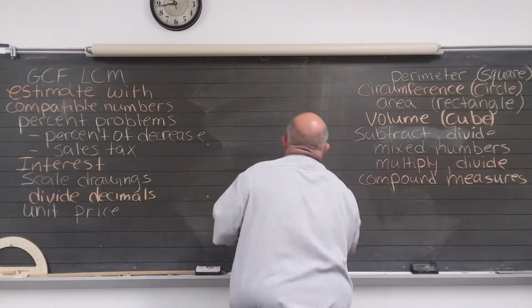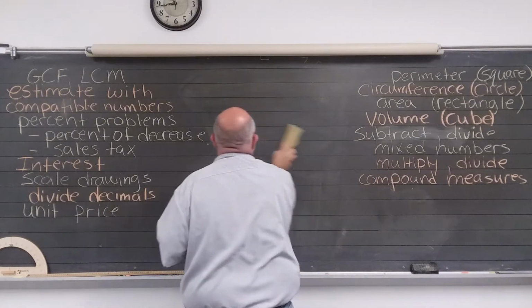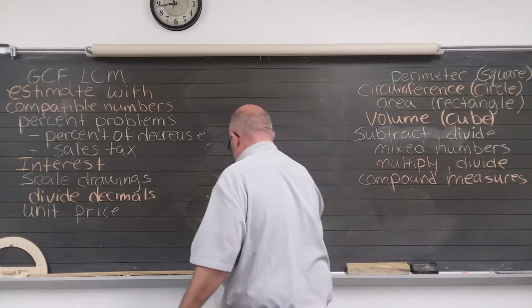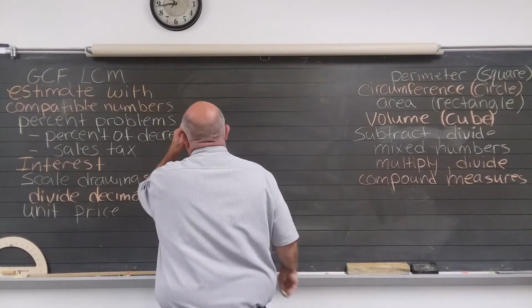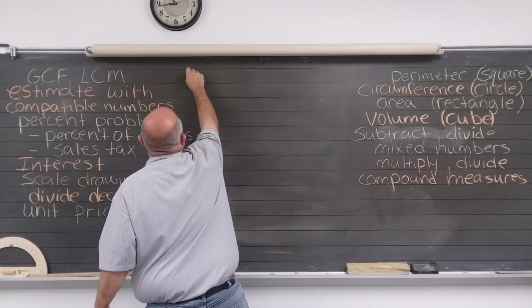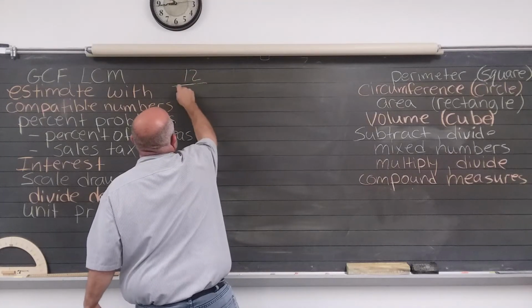Greatest common factor, least common multiple, right here, for 12 and 27.